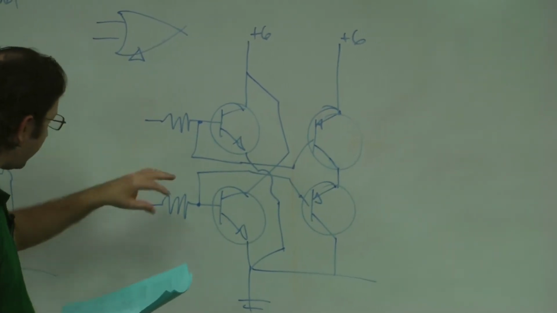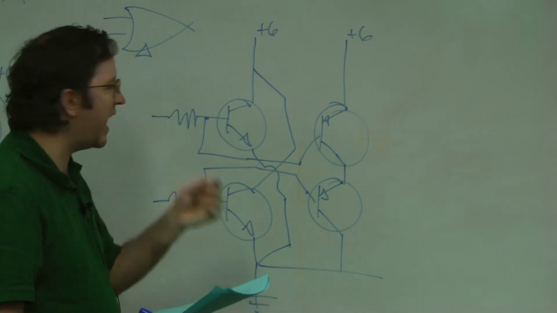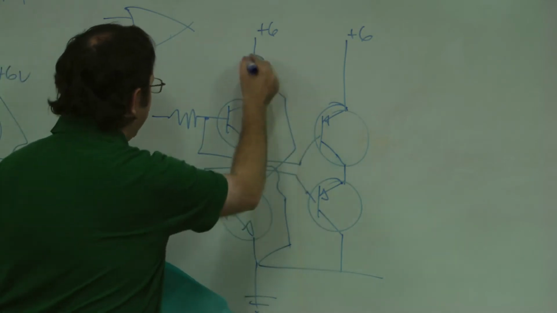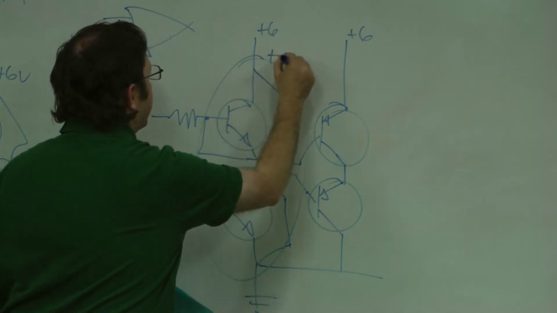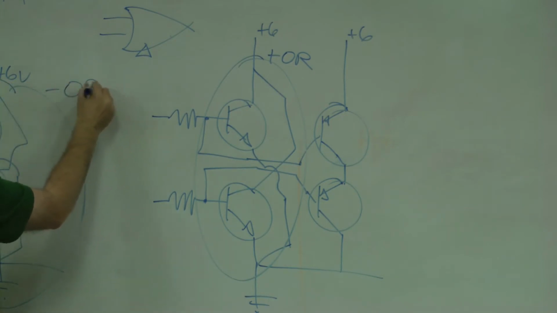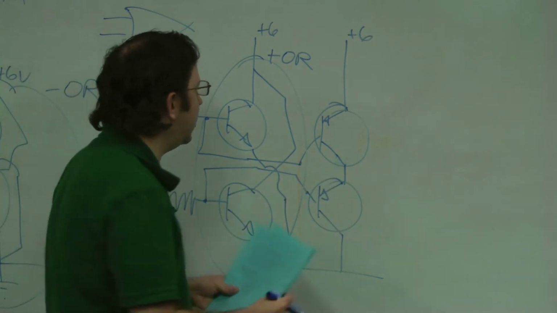It actually took looking at the second circuit to realize what was happening: this portion right here is a positive OR circuit in binary, whereas this circuit right here is a negative OR circuit, and similarly, this is a positive AND circuit right here, and this right here is a negative AND.